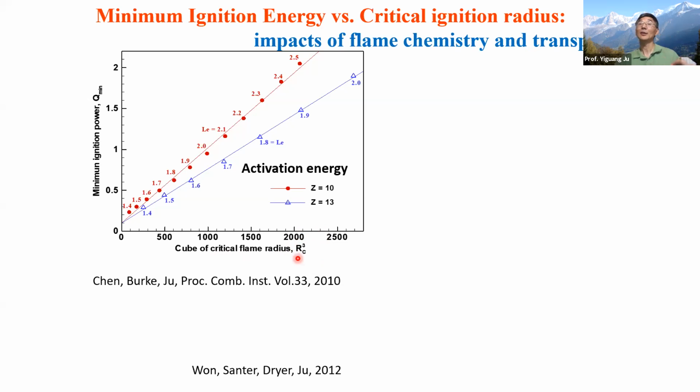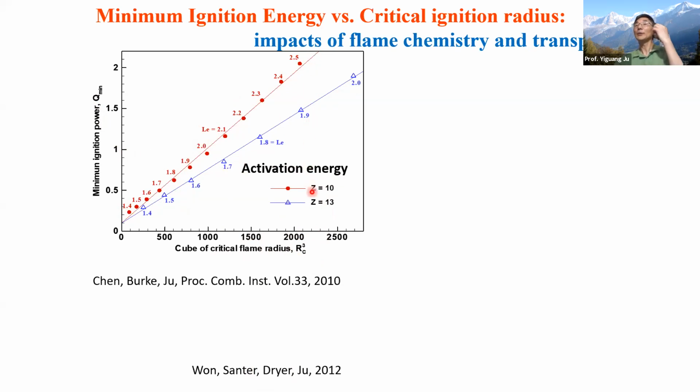You can compute for different Zeldovich numbers, activation energies, and different Lewis numbers. Professor Chen calculated this, and you can see a linear line no matter what your Zeldovich number or Lewis number is. Ignition energy depends on the critical radius for all different Lewis numbers and activation energies.